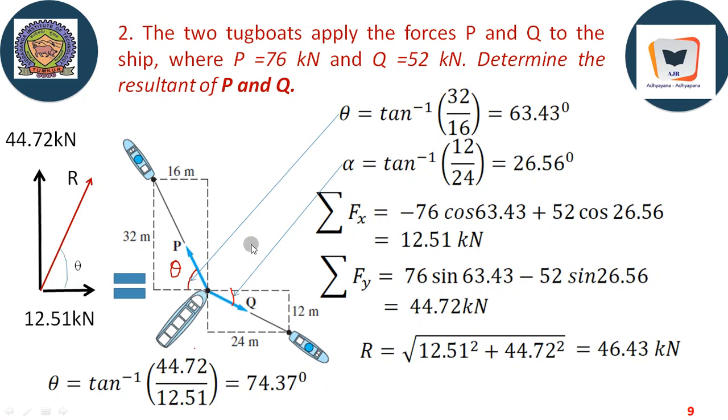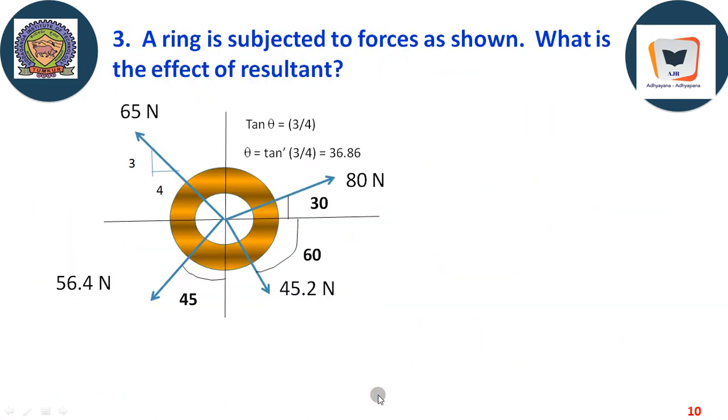So it moves in this direction at an angle of 74.37 degrees, and that is the direction needed to make the movement. Therefore a system which has a resultant will always be imbalanced. This is a very important point that should be driven home.